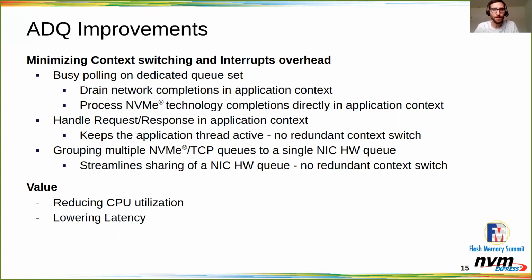Other improvements: we're minimizing context switching and interrupt overhead by applying polling. So once the application is polling friendly, we have dedicated queues that are configured with ADQ, and they act as our polling queues in NVMe TCP. That's the queue set. What we are doing is draining the network completions within the application context as it's polling, and we process completions directly in the application context.